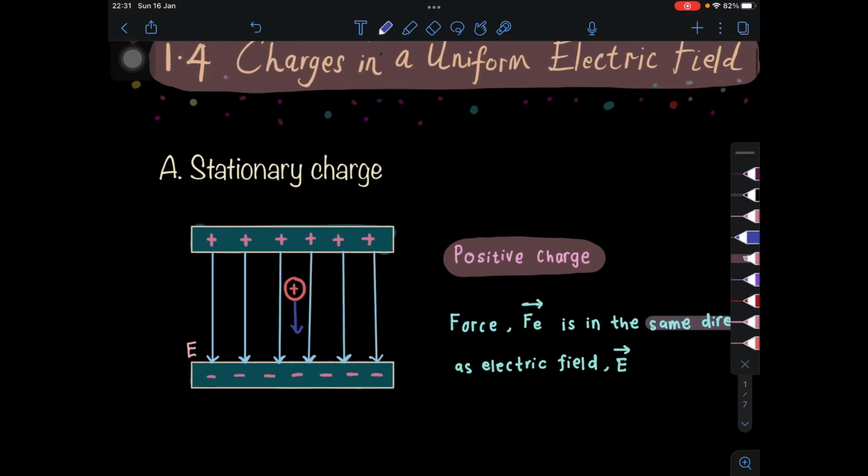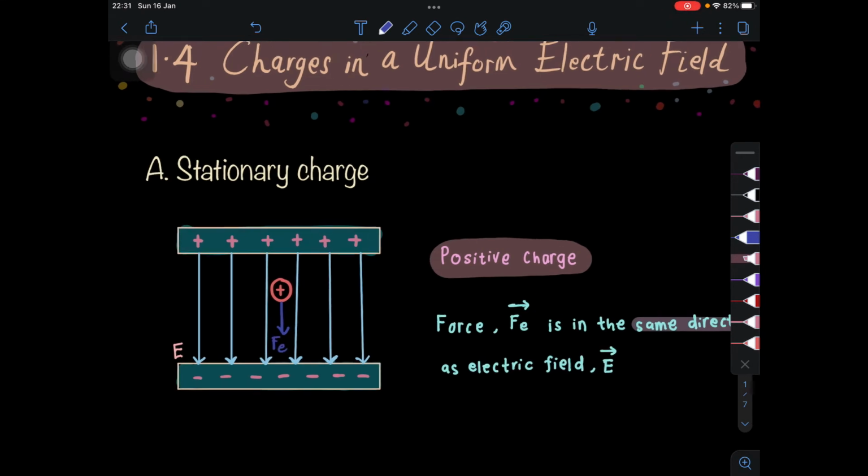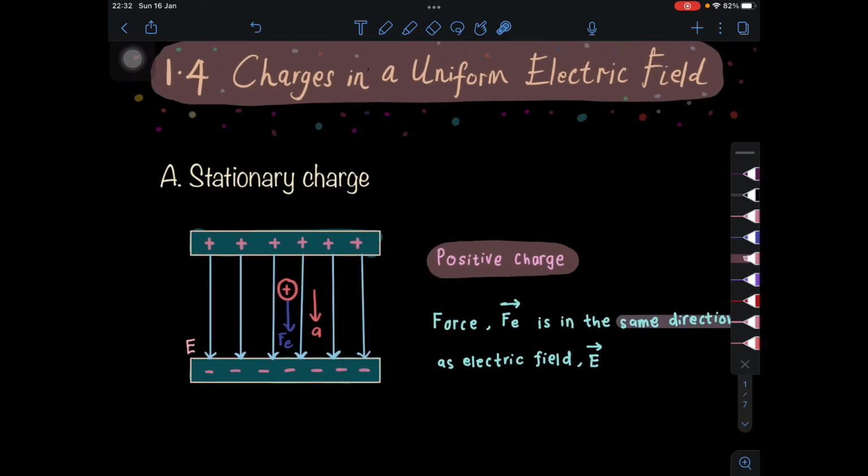So there is a force here, we use Fe, electrostatic force. As you can see here, the force is in the same direction as the electric field. So the movement is also in the same direction as the force. For movement, we use the symbol a, acceleration. So this is what happens when we place a positive charge.